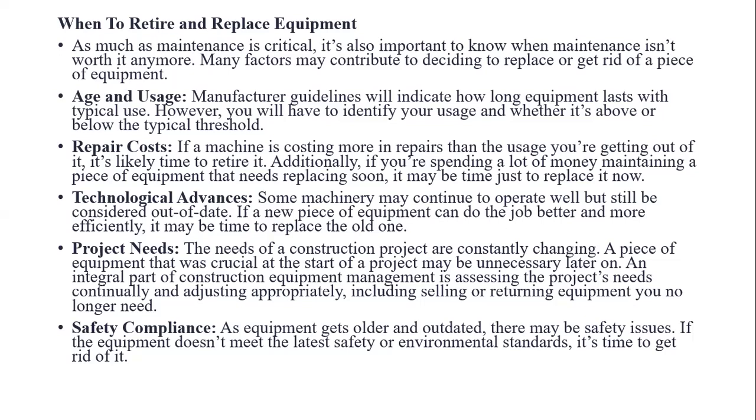Then comes the usage of machines. Usage of a machine is also quite important. Say, for example, if the manufacturer says that the machine has the capacity to run 1,000 hours, then we should not go beyond that. If you unfortunately use the machine for another 500 hours, then the profit of the project will increase, but at the same time, this will not work out in the long run.